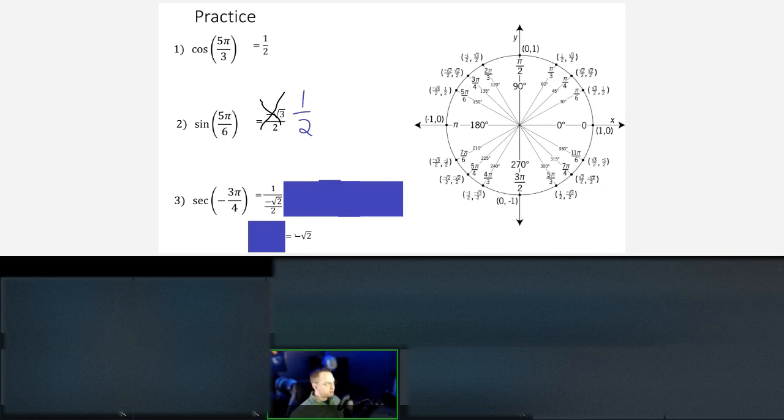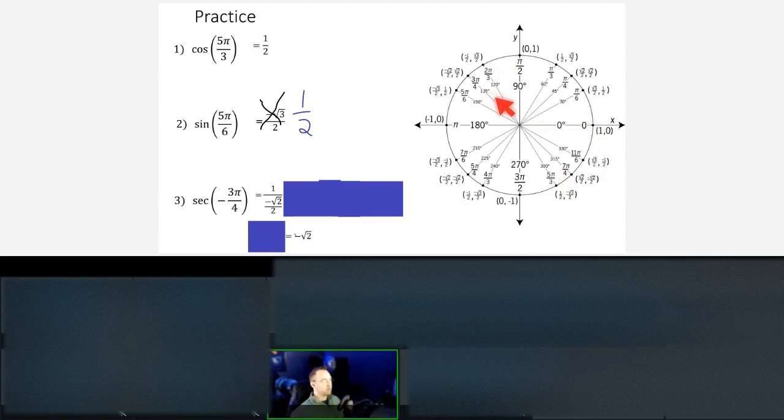So secant and cosine are inverses, so it's 1 divided by the cosine, and cosine is x. So we want the x coordinate at negative 3 pi over 4. Well, 3 pi over 4 is 135 degrees, but where it's negative, rather than go positive, we want to go negative.